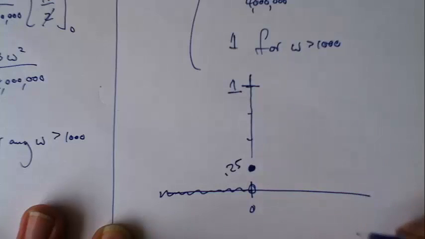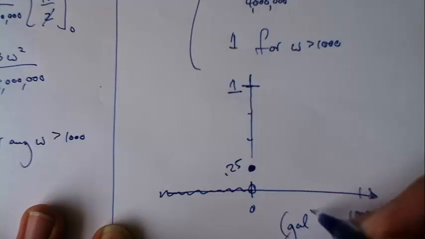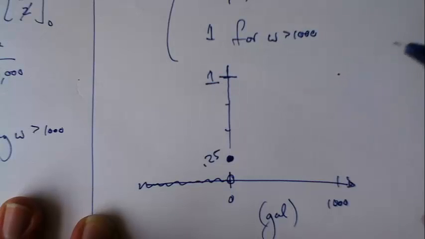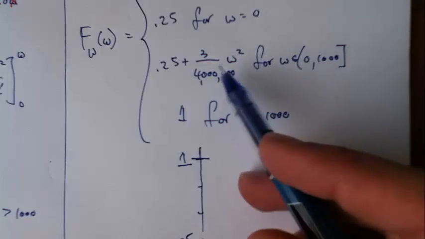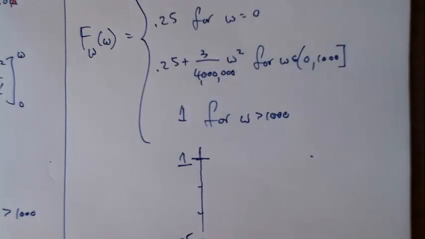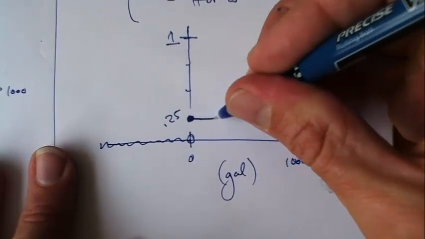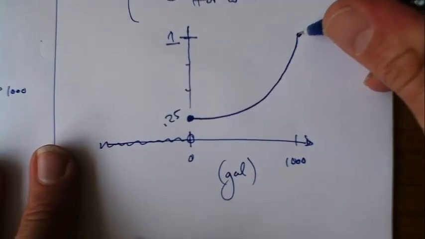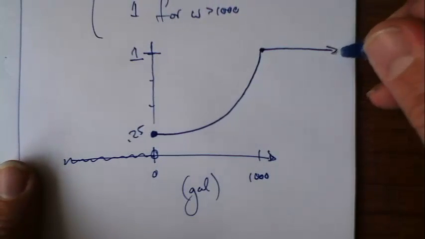Here's 1,000, and these are in units of gallons. This is a parabola, looks something like this, I think. Yeah, something like that. And then it just flattens out and goes on like that forever.